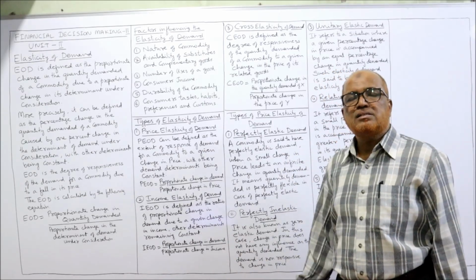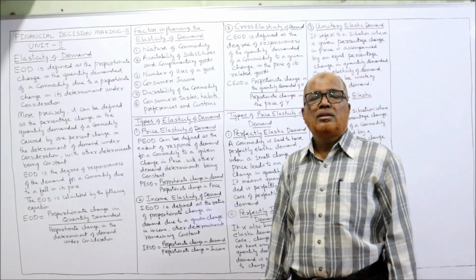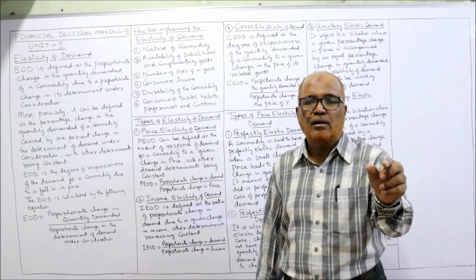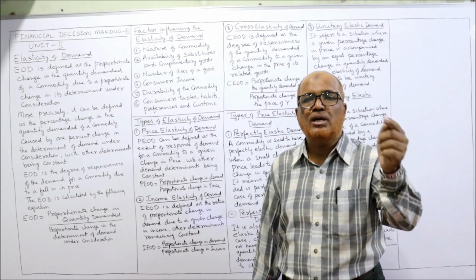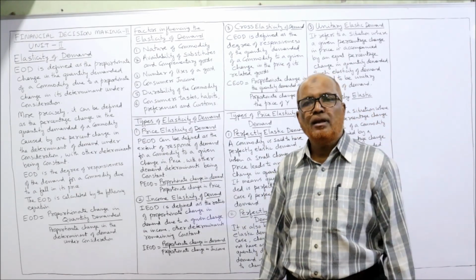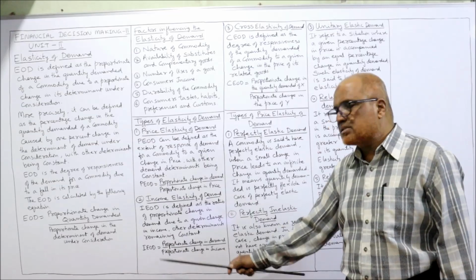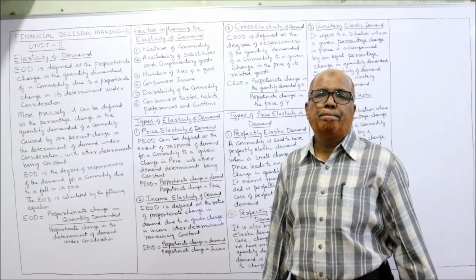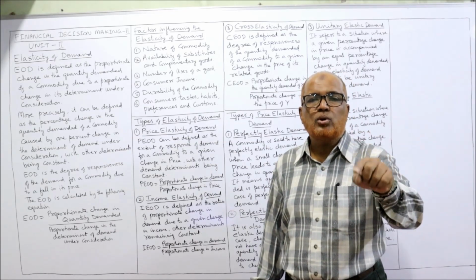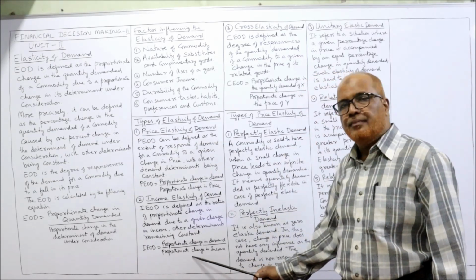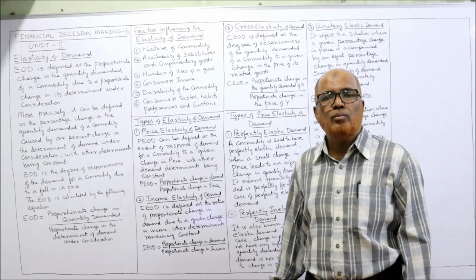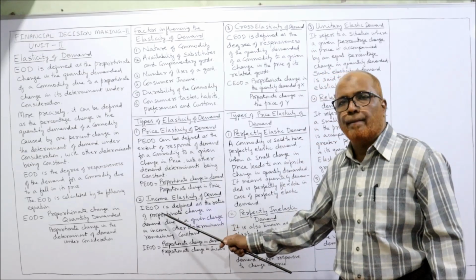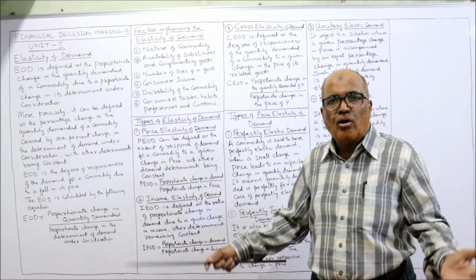So income elasticity of demand shows the proportionate change in demand due to a proportionate change in income. The formula to calculate income elasticity of demand: in the numerator we take proportionate change in demand and in the denominator proportionate change in income. In this case, we assume other determinants are constant. The demand depends only on income.